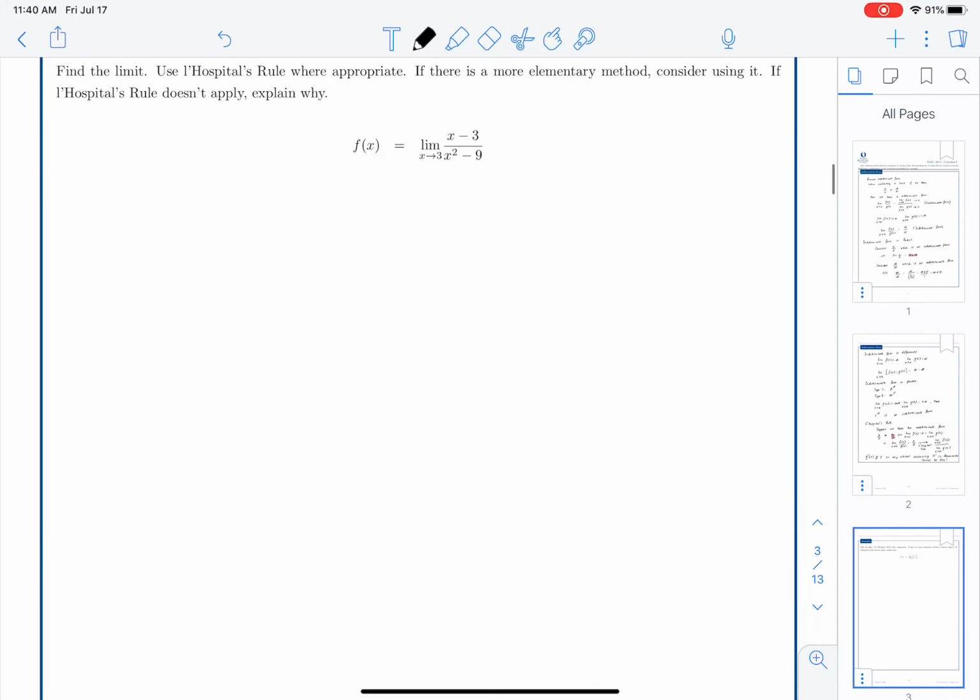So here is an example where we have to evaluate the limit as x approaches 3 of x minus 3 divided by x squared minus 9. Let's just take the limit. So we have 3 minus 3 divided by 3 squared minus 9. 0 divided by 9 minus 9, which is also 0. 0 over 0, when taking limits, is an indeterminate form.